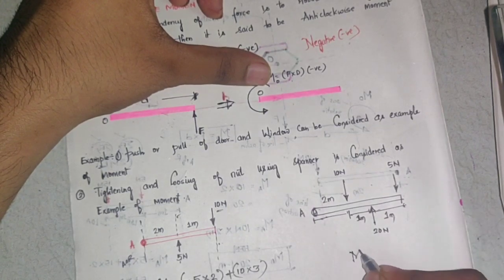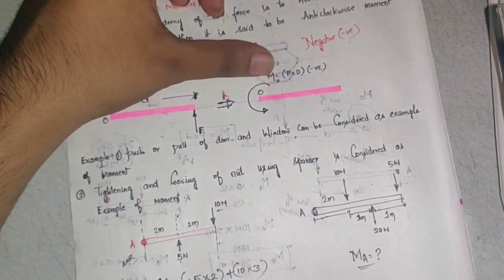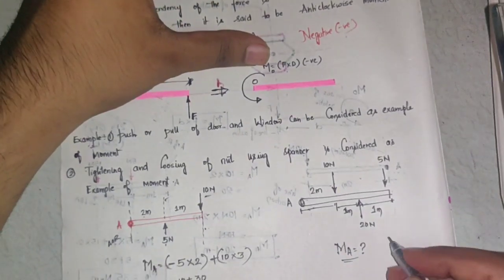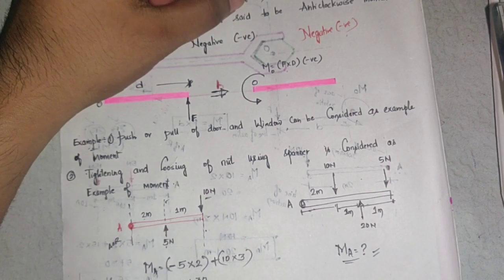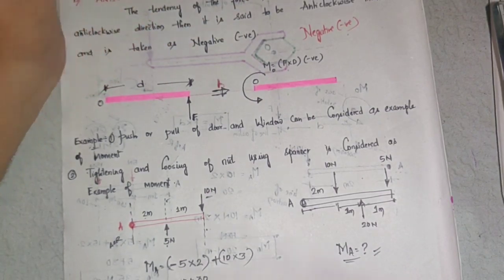Tell me what is the rotation effect caused at point A, or the moment about A, because of these three forces. This will be your assignment. Solve this and write your answer in the comment box of the video.